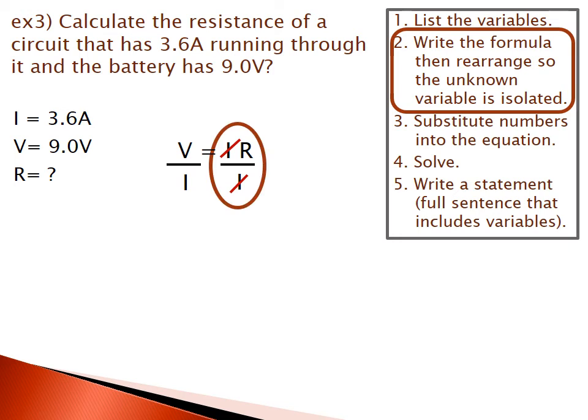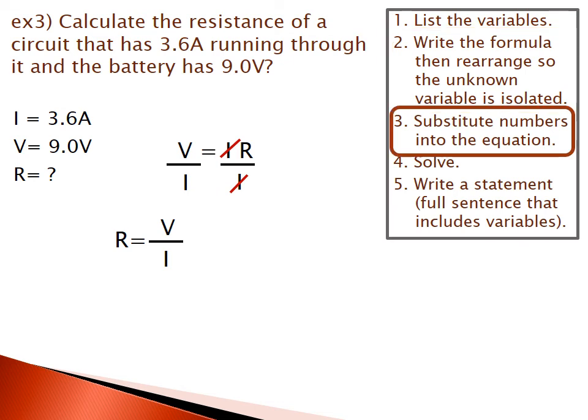Now I have R all by itself, just like I want. I wanted R to be isolated. So R is all by itself on one side, and on the opposite side, I have V divided by I. So R is equal to V divided by I. Now that I've isolated R, I can substitute numbers into the equation.